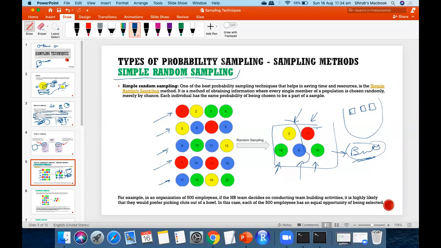Is the probability 1 by n? For random sampling, the probability should be 1 by n, right? We haven't studied probability, so I'm not going to discuss it, but you tell me, what is the probability of selecting a particular thing from a set of values?